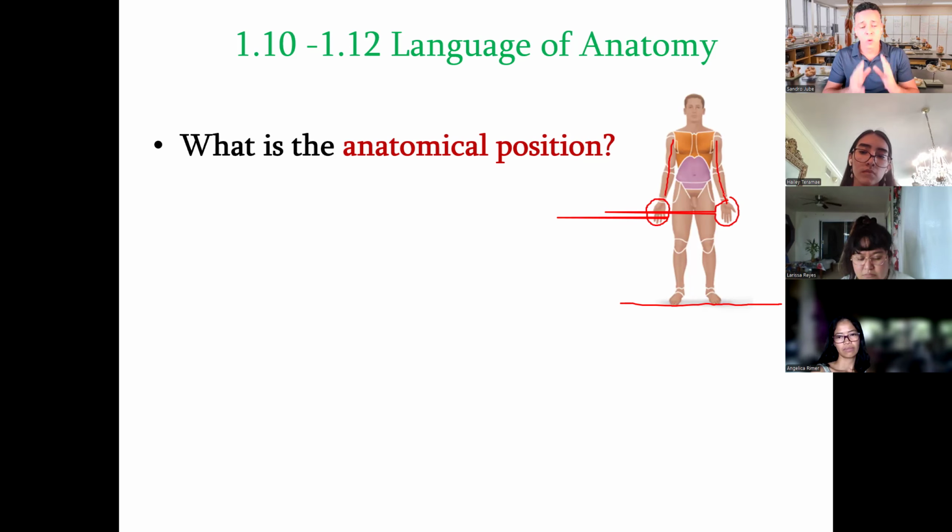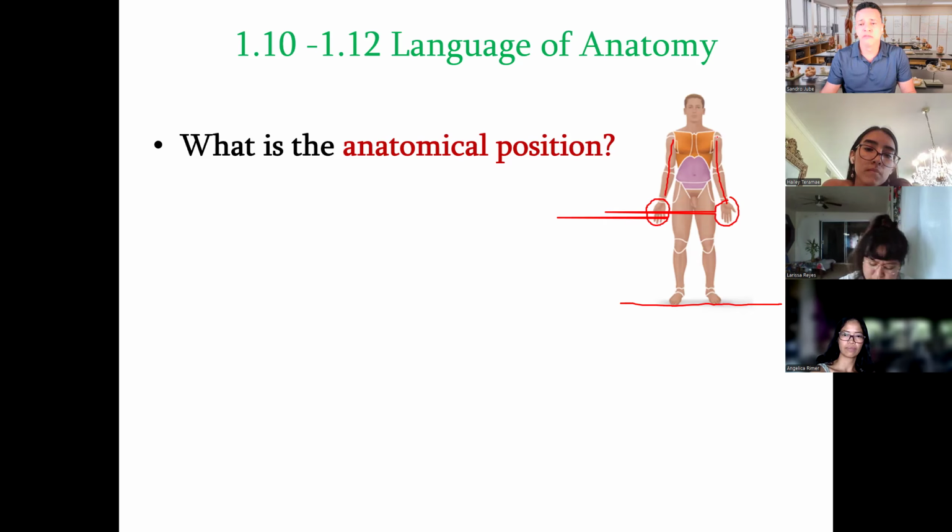Now, when we look at an object like a human being, we are not a flat picture or a drawing on a piece of paper or a screen. No, we are three-dimensional. So we can look at a human body in different views, different aspects.